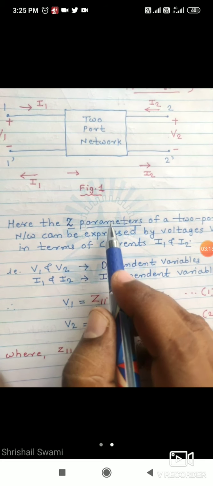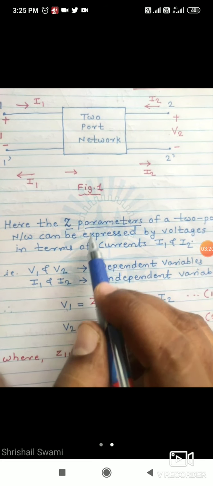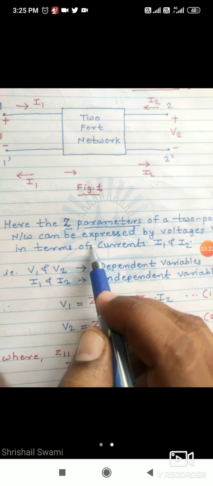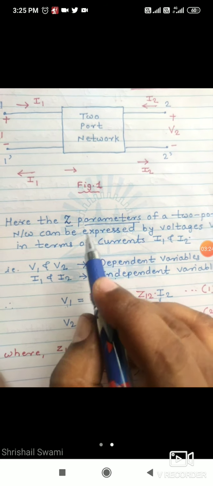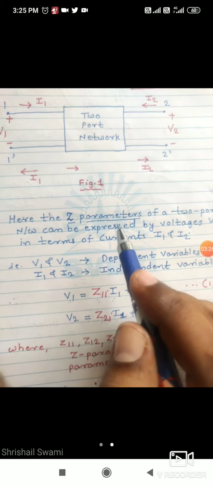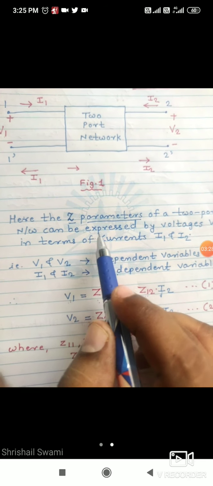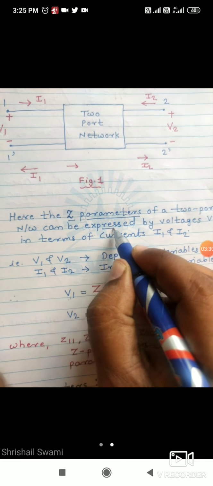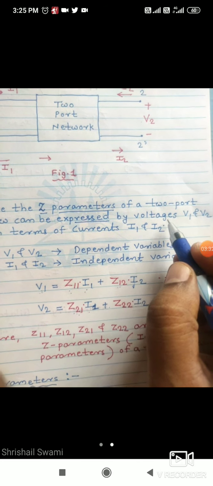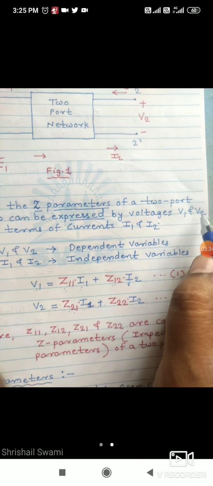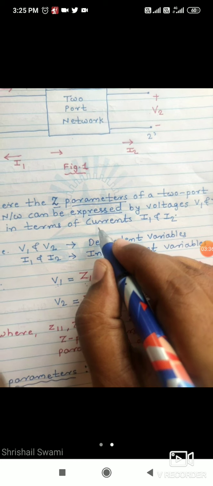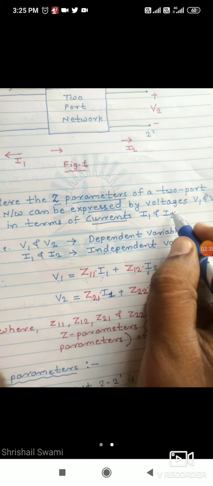How are we expressing the Z parameters? How are we going to find the formulas, the equations? The Z parameters of a two-port network can be expressed in terms of voltages V1 and V2, in terms of port currents I1 and I2.